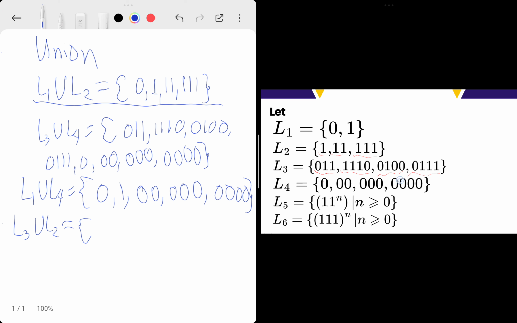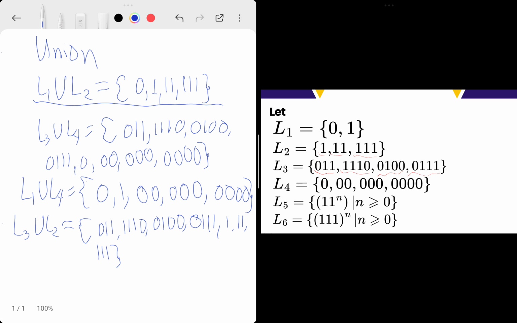There are no common elements, so we will just copy these two. Remember that in sets, the order of elements doesn't matter. As long as the elements are the same, regardless of arrangement, it is the same set. Next, L sub 2 is 1 1 1 and 1 1 1.